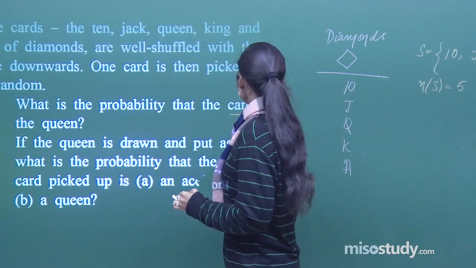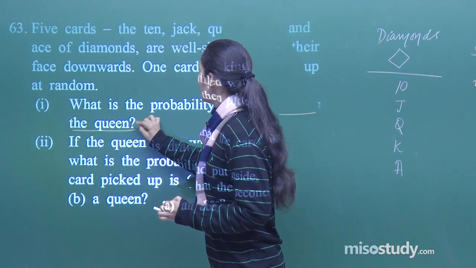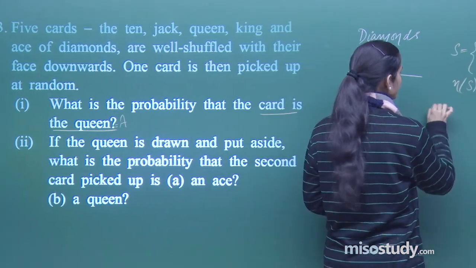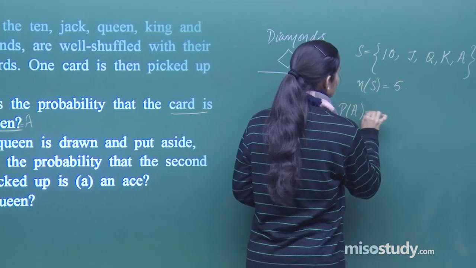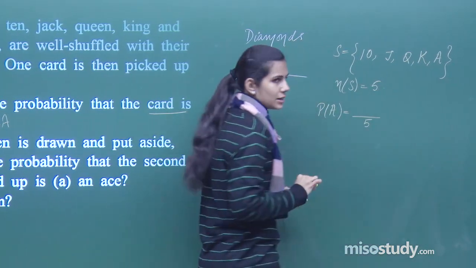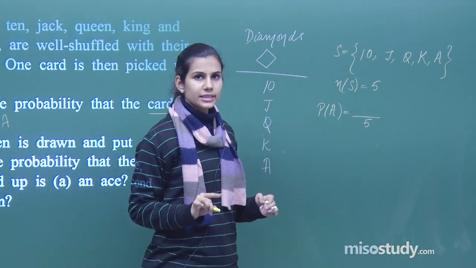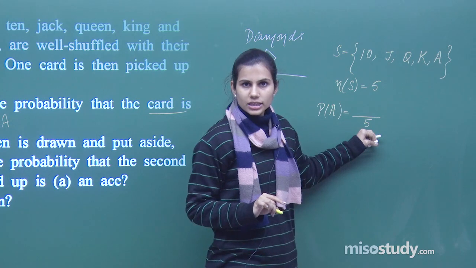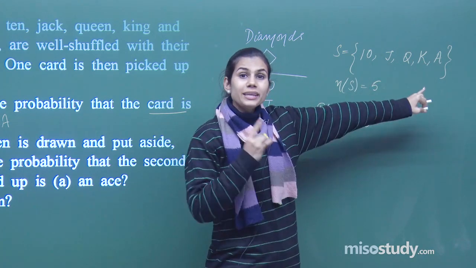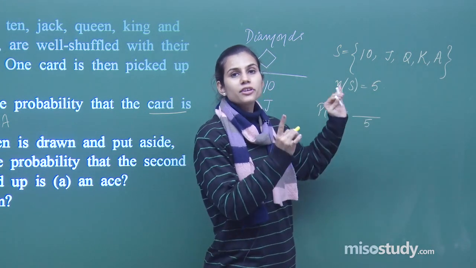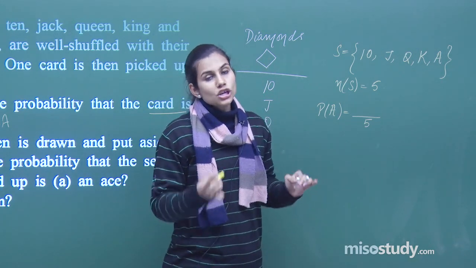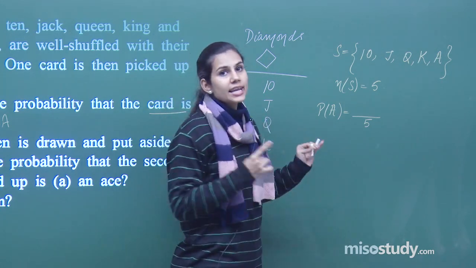What is the probability that the card is a queen? So card being a queen, I am defining as event A. What is the probability that the card is a queen card? So out of the total of 5 outcomes, how many outcomes are there which are favoring the occurrence of event A? That means which card should come up in a trial so that in that trial event A occurs.